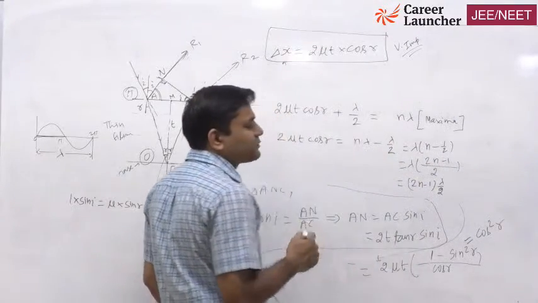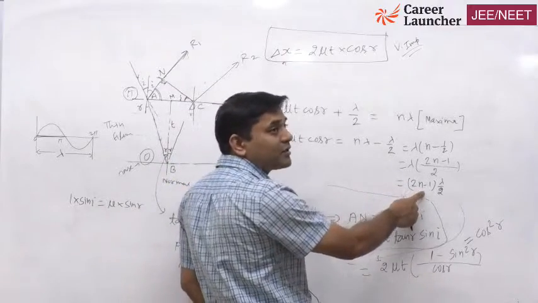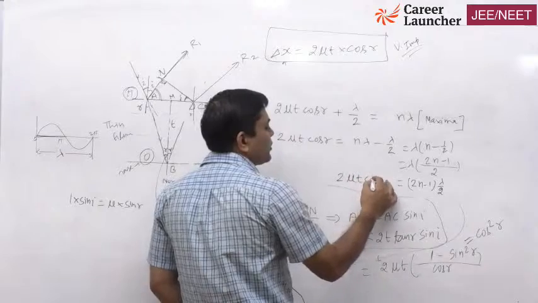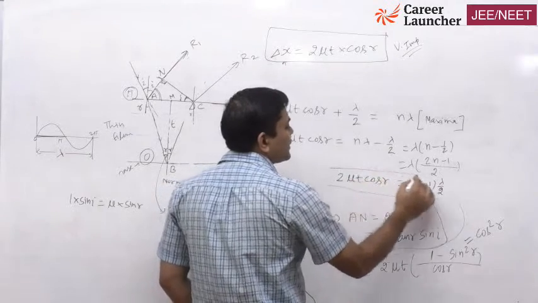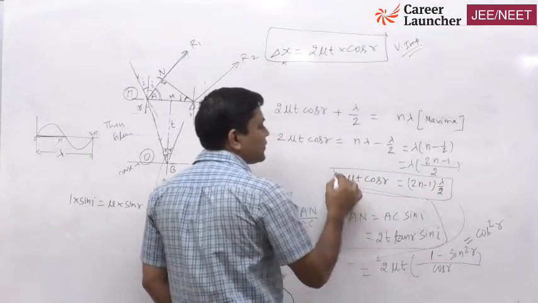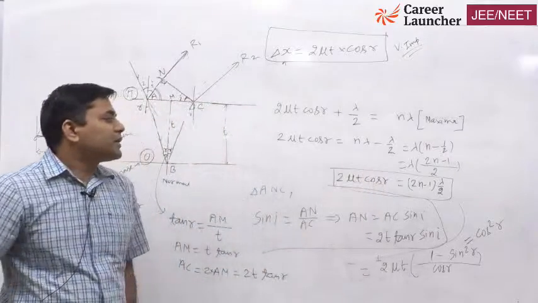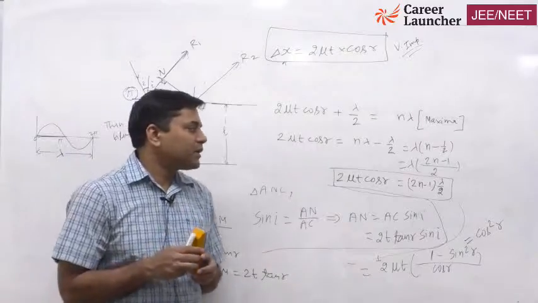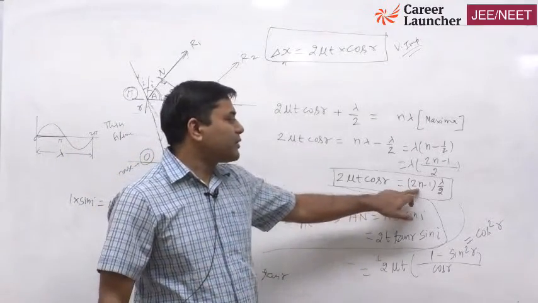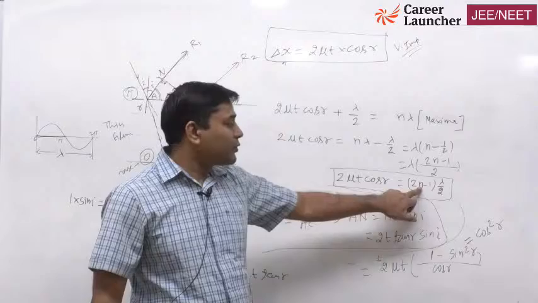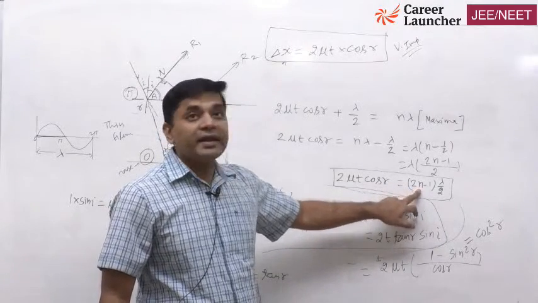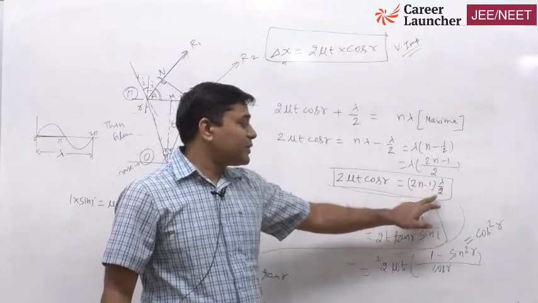In Young's double slit experiment, it is used for the condition for the minima. So this is equal to 2 mu t cos r. So this is the condition. Once it is given, find out the first maxima or second maxima. For the first maxima you can keep the value n equal to 1, starting with 1, otherwise this number will be negative, and this will become lambda by 2.